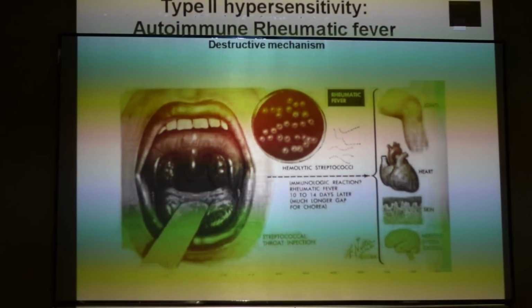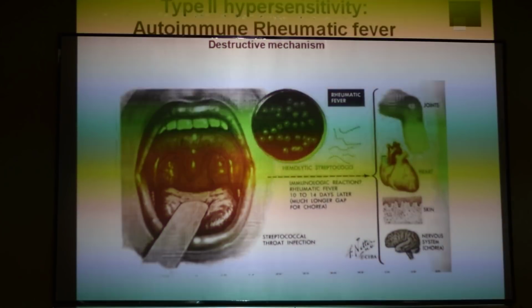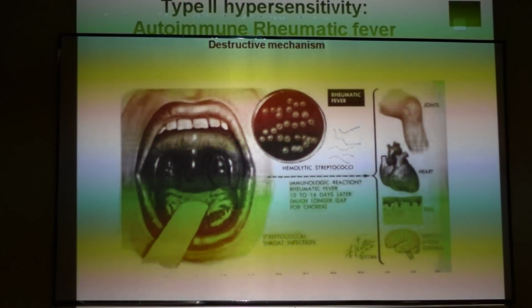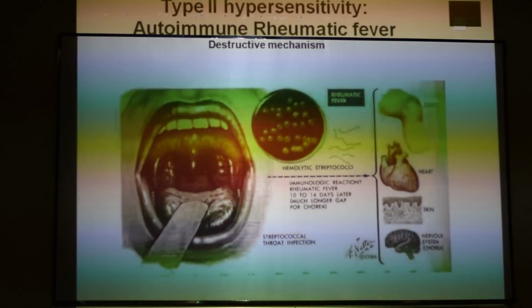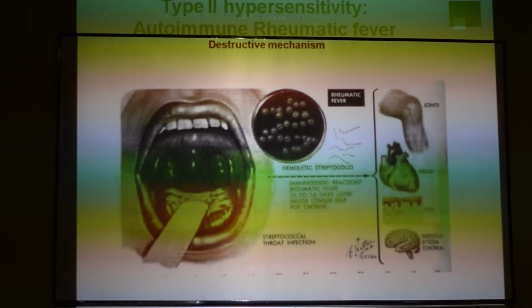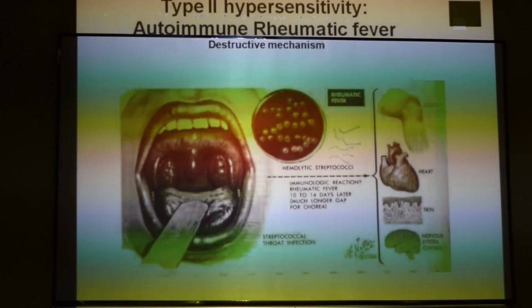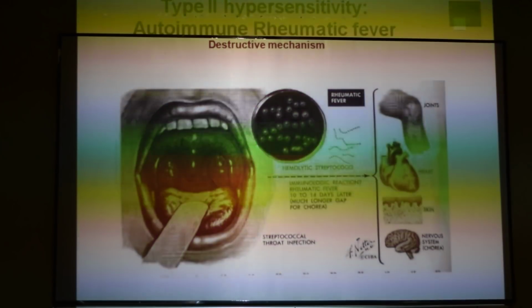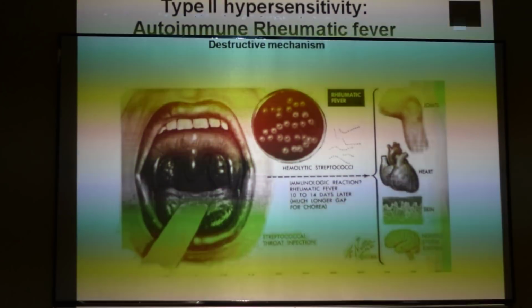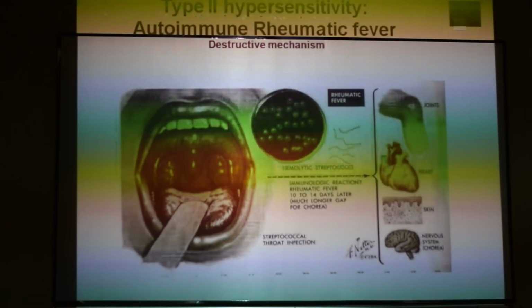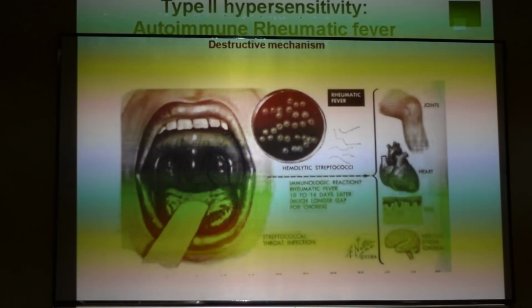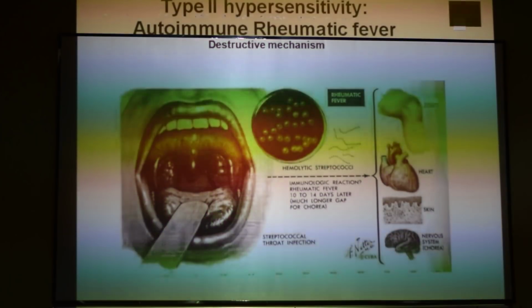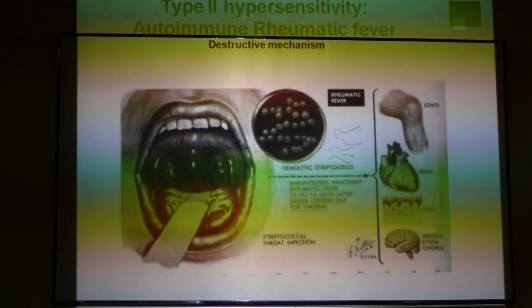We will see here there is a sore throat because of hemolytic streptococci. That's the infection. Around 10 to 14 days later, the patient tends to have joint involvement, heart involvement, skin involvement, wherever the antigen goes and deposits, or in case of heart, there is molecular mimicry, a structure similarity between the antigen and your own body tissue.